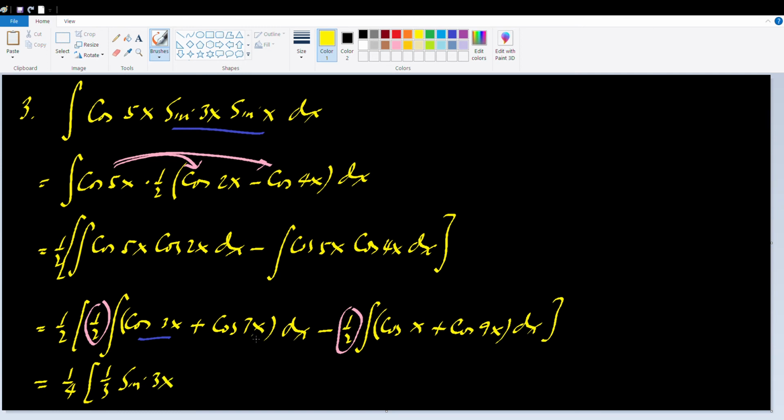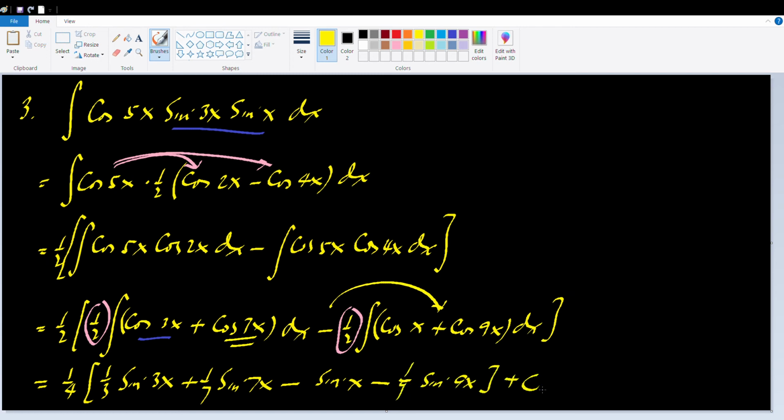Then for cosine 7x, that will be 1/7 sine of 7x, minus the integral of cosine x is sine x, and minus, okay, the integral of cosine 9x, which is 1/9 sine of 9x plus c.